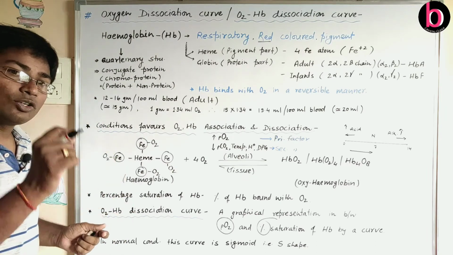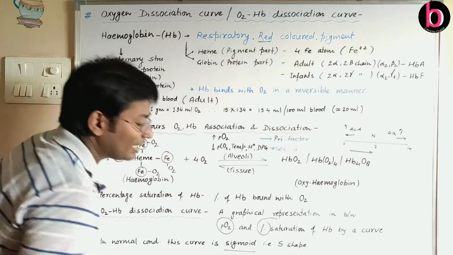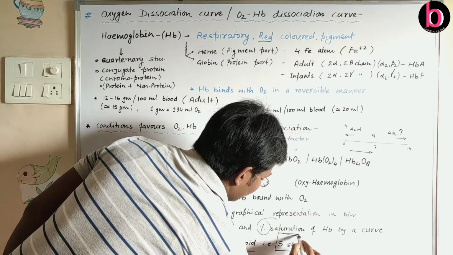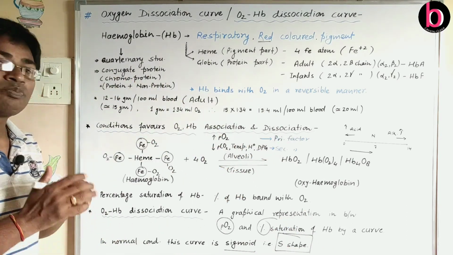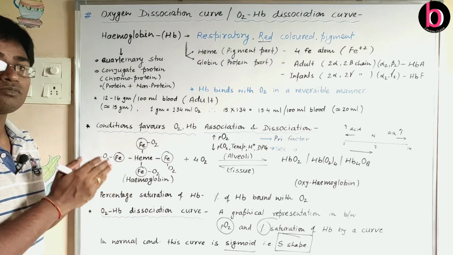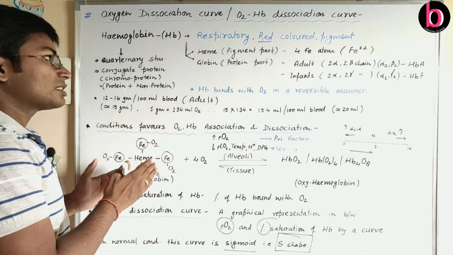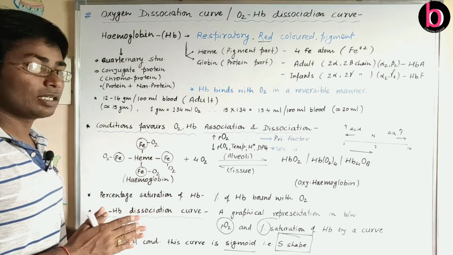This curve in normal conditions appears in a sigmoid form, that is an S-shaped structure. So this shape is also very important. Now in the second part of this video, we will discuss the actual oxygen hemoglobin dissociation curve.